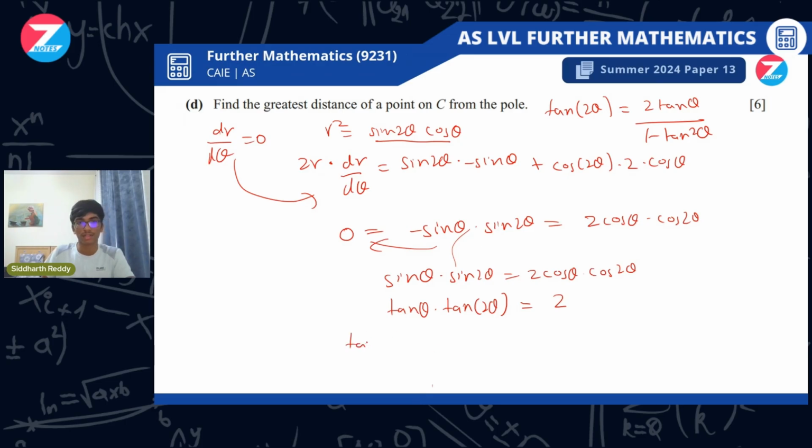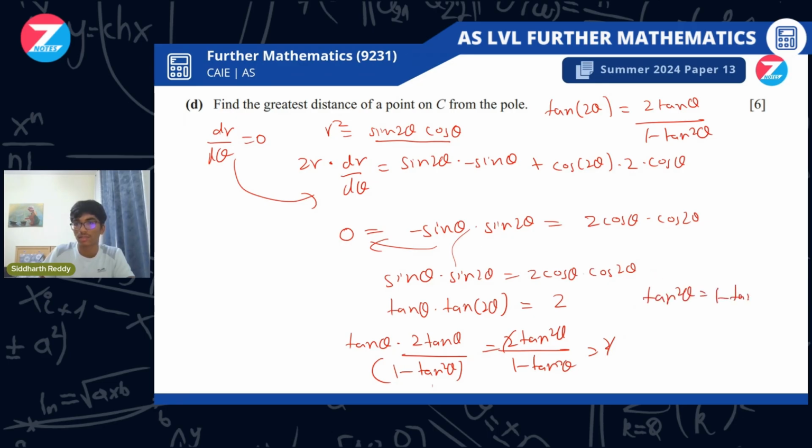So we have tan theta times 2 tan theta by 1 minus tan square theta, so this tan theta times tan theta becomes 2 tan square theta by 1 minus tan square theta is equal to 2. This 2 and 2 cancel. We have tan square theta is equal to 1 minus tan square theta. So 2 tan square theta is equal to 1. Tan square theta is equal to 1 by 2.